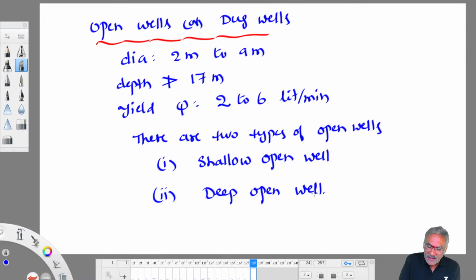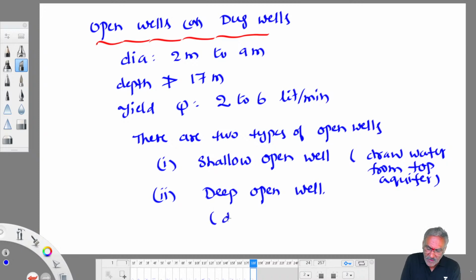Shallow open well draws water from the surrounding top aquifer. Deep open well rests on impervious strata and draws water from the aquifer lying below impervious strata.